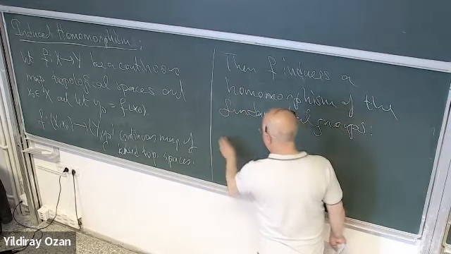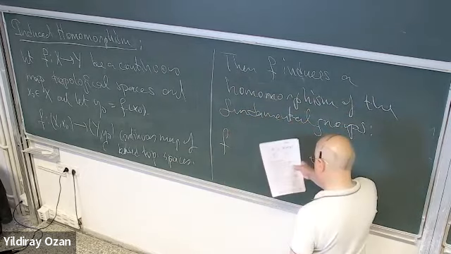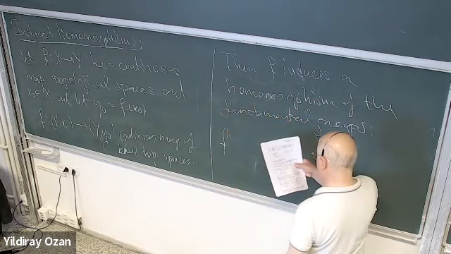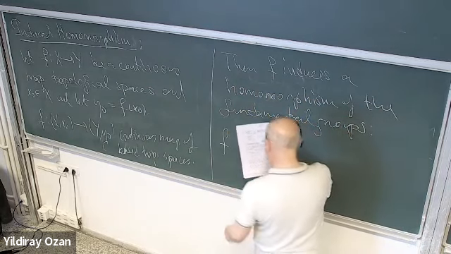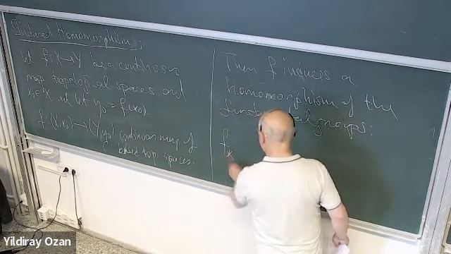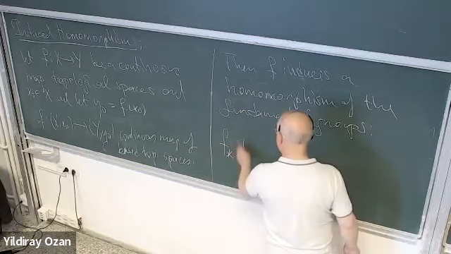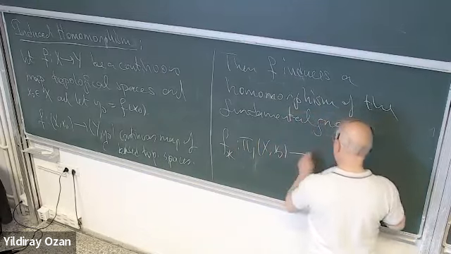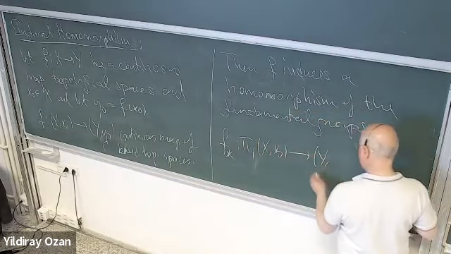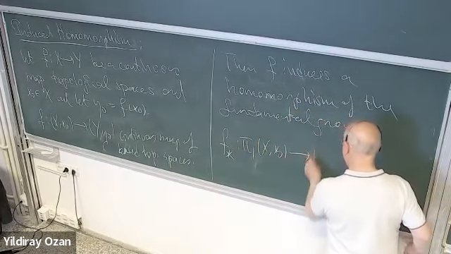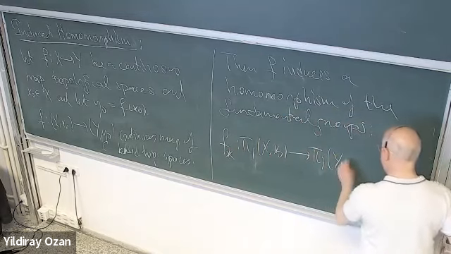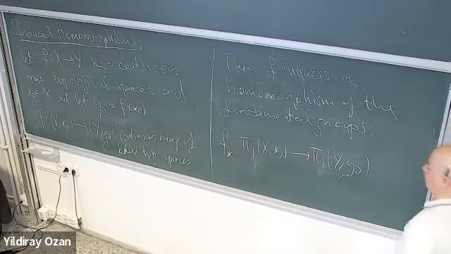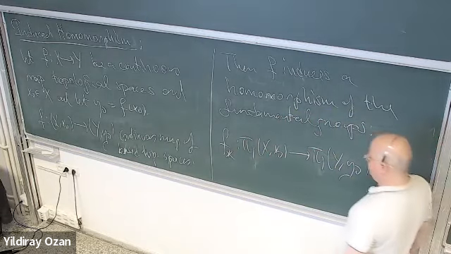Nasıl? Bunu F neyle gösteriyoruz? Star'la göstermişim. Bazen sharp'la gösterilir, bazen star'la. Pi1 x x0 to pi1 y y0, and it is as follows.